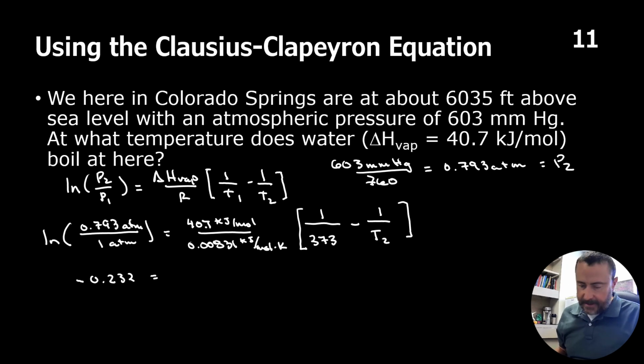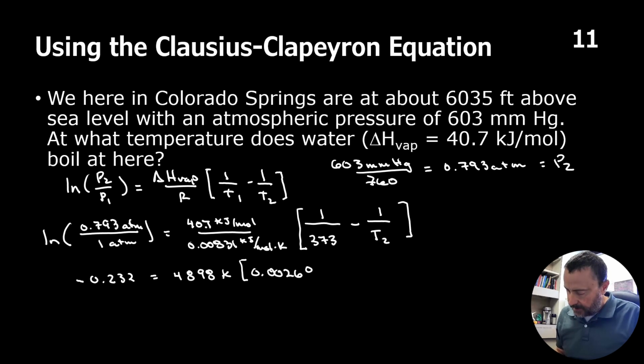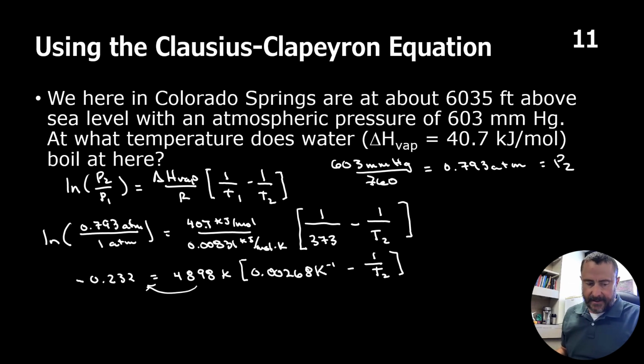That is equal to 40.7 divided by 0.00831, which is 4898, times 1 over 373, which is 0.00268, minus 1 over T2.